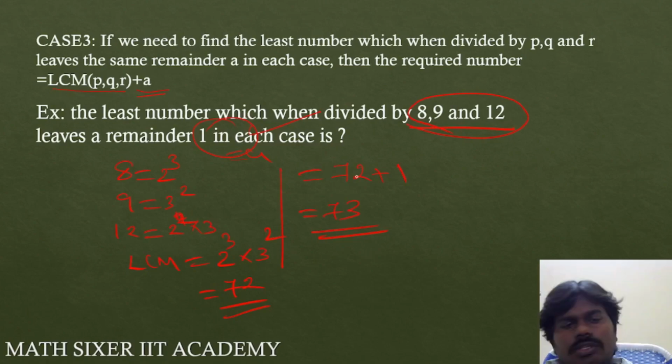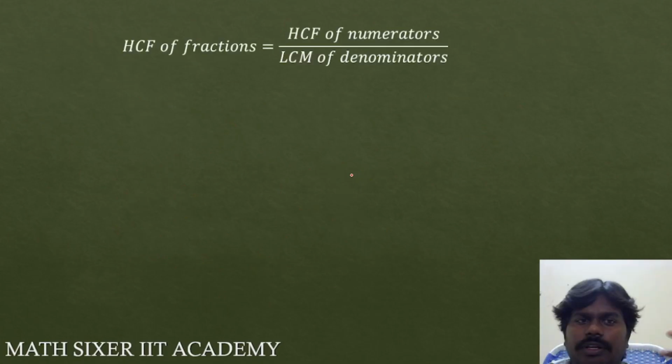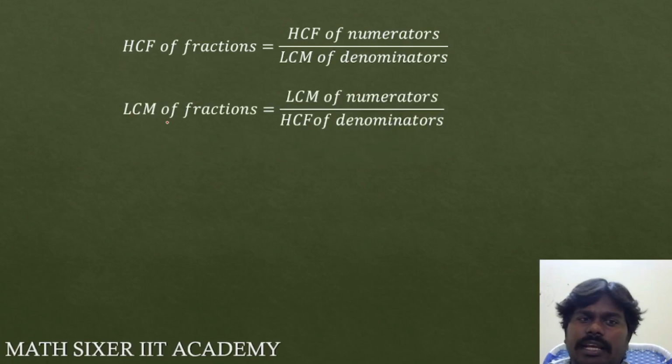Okay. So next we will see how to find the HCF and also LCM of fractions. HCF of fractions is the HCF of the numerators divided by the LCM of the denominators. Similarly, LCM of fractions is the LCM of the numerators divided by the HCF of the denominators.